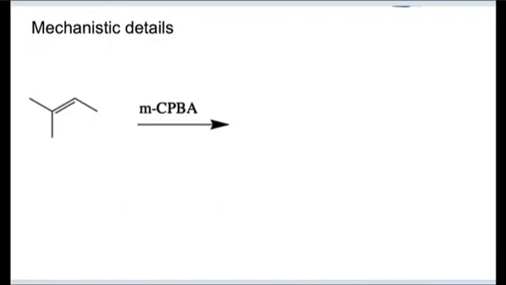So the mechanistic details, this is another cyclic concerted mechanism. And so what's going to happen is that the MCPBA molecule is going to approach the double bond. Let me draw out the MCPBA molecule again. So there it is, and the mechanism works this way.